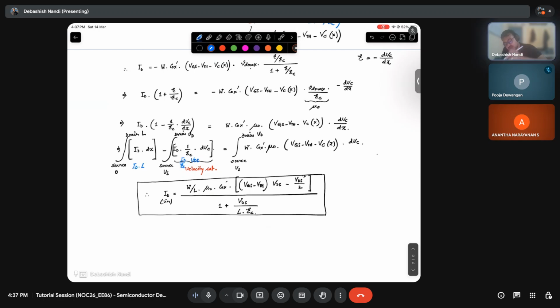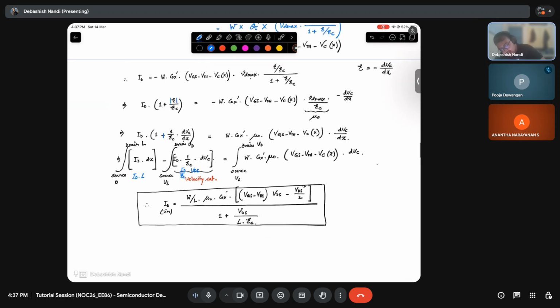Okay, sorry. Actually, you can consider this as positive because these electric fields are modulus. I think that I have not explicitly mentioned. These electric fields are modulus, so this will be plus. So let's keep everything plus.